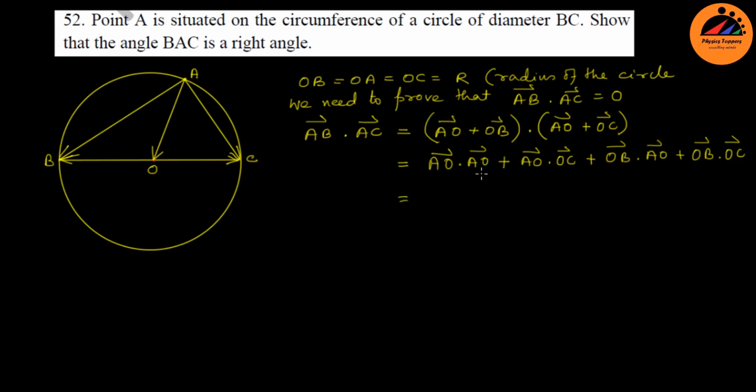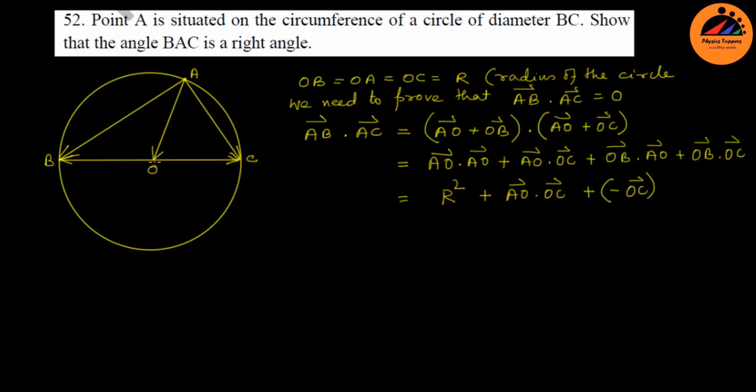Now AO dot AO. The length of AO is R, right? And AO dot AO is AO square, so I can write it as R square. Plus AO dot OC. Leave it like that. Plus OB dot AO. See, OB is O to B. The magnitude is R. OB is basically minus of OC vector.